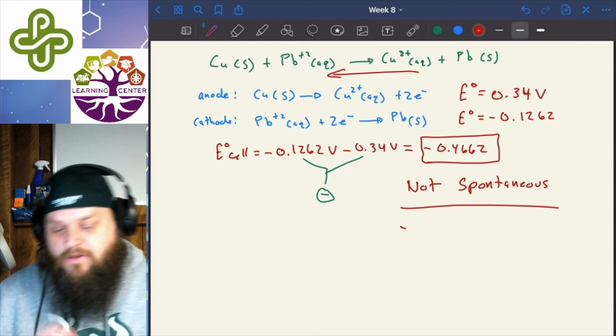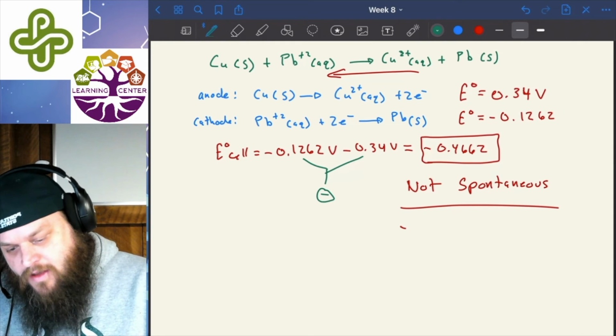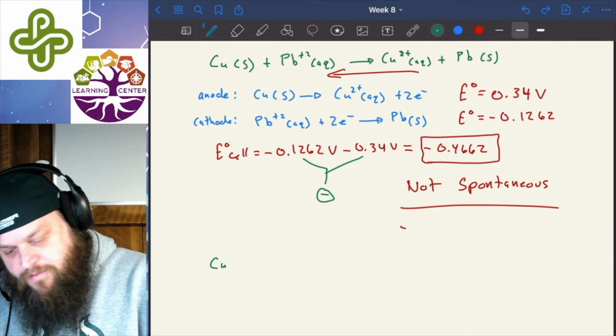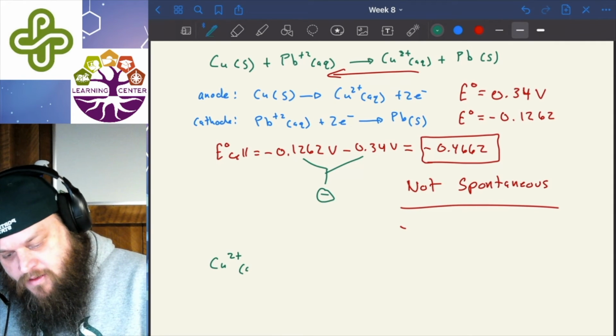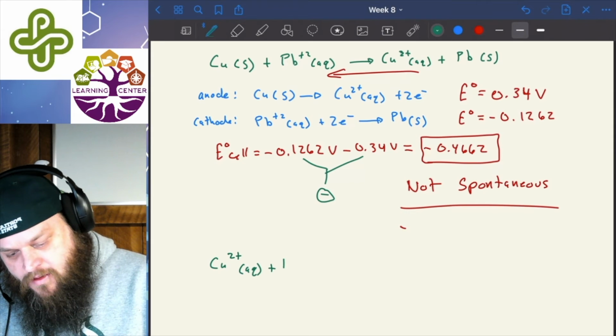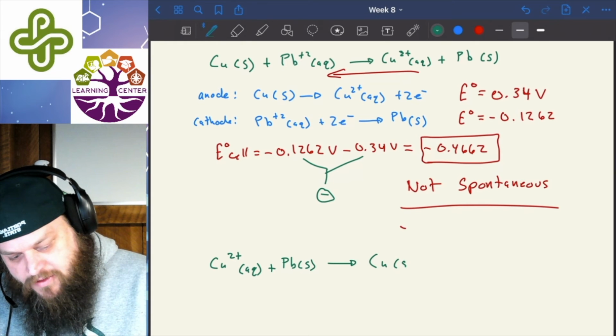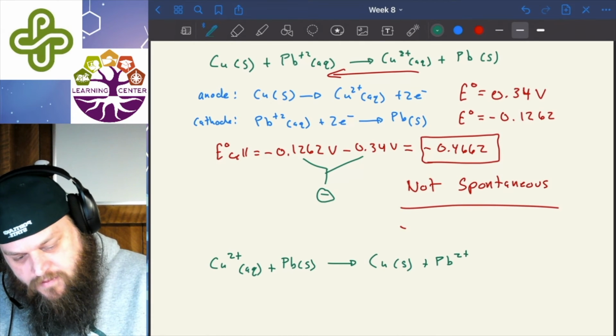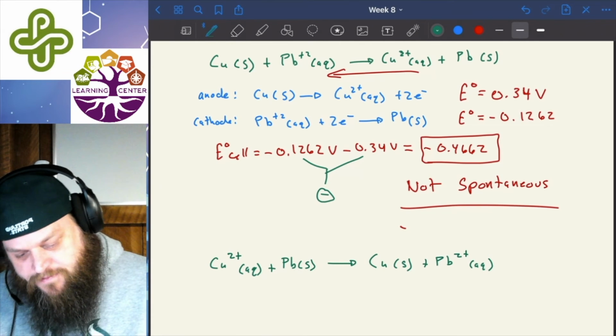Because you can reverse this around, just flipping that reaction, writing it Cu 2 plus aqueous plus lead solid will produce copper solid plus lead 2 plus aqueous.